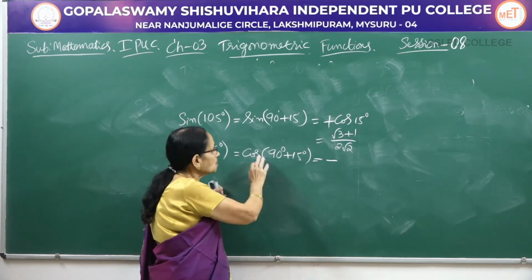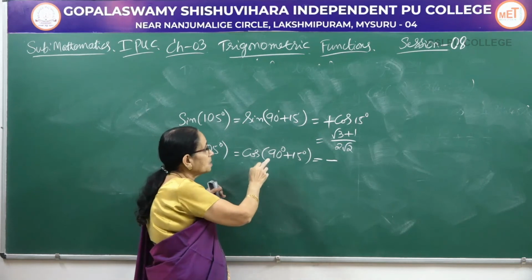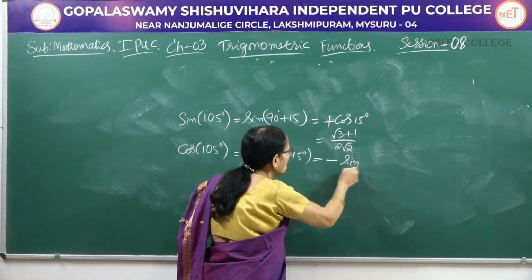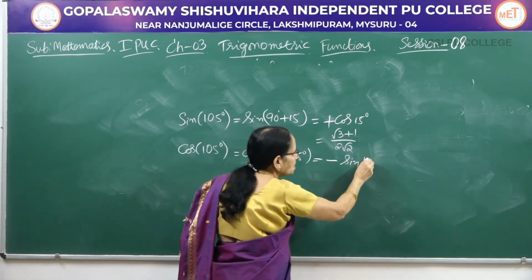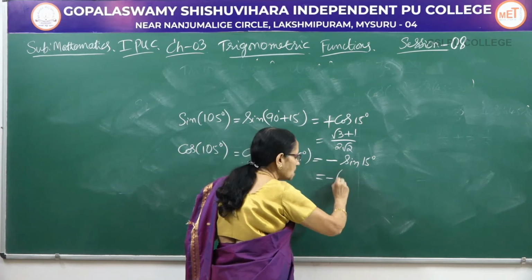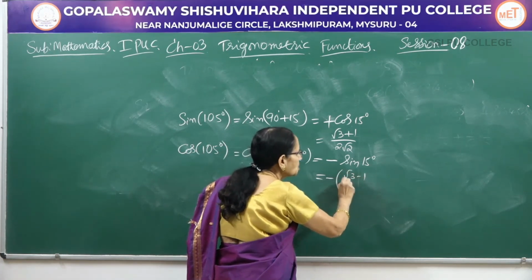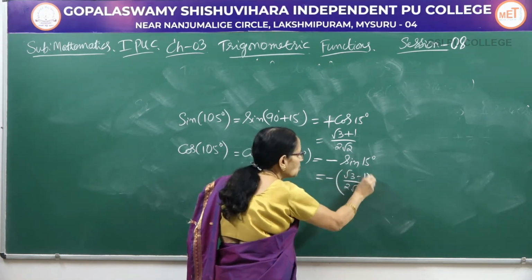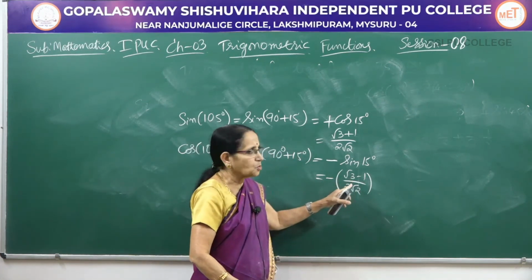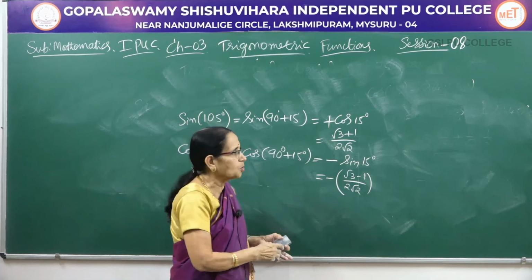Now the sign has been decided, and since I am using 90, cos is changed over to sin, and we write only this angle: sin 15 degrees. What's the value of sin 15 degrees? Minus of root 3 minus 1 over 2 root 2, or you can multiply by the minus sign and write it as 1 minus root 3 divided by 2 root 2.